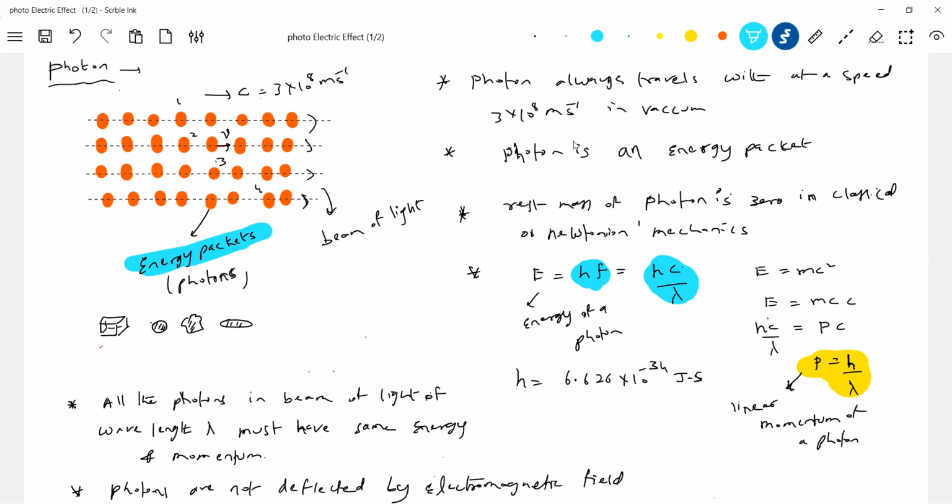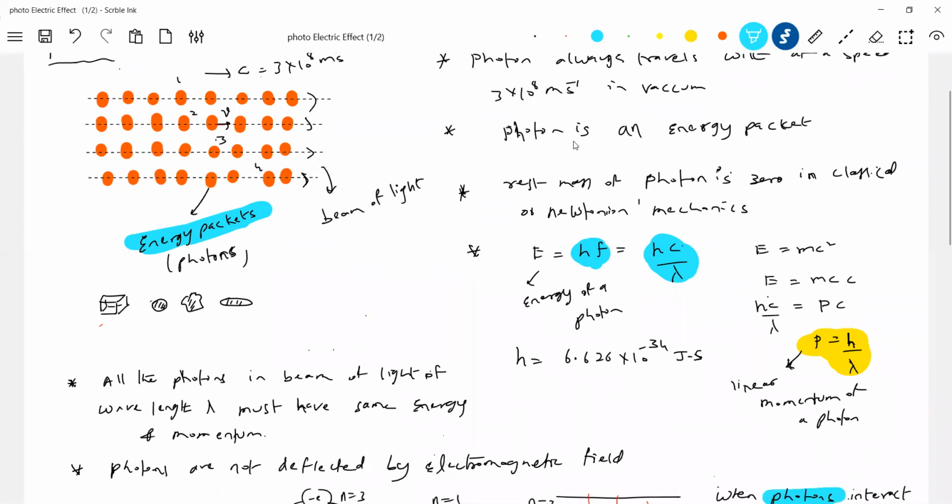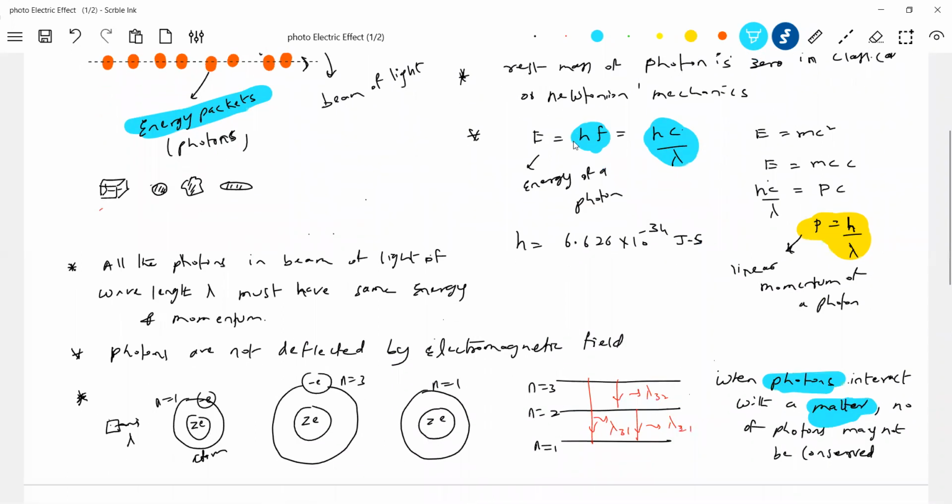Matter is another form of energy only. So here, for the photon exclusively, I'll call it an energy packet. So when photons interact with matter, the number of photons may not be conserved. So we need not bother about this aspect here.